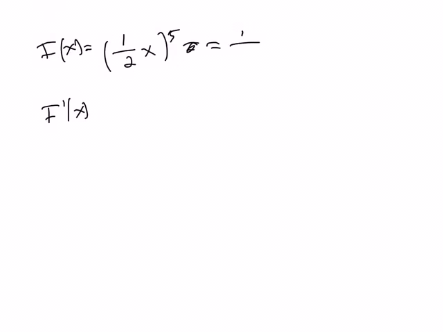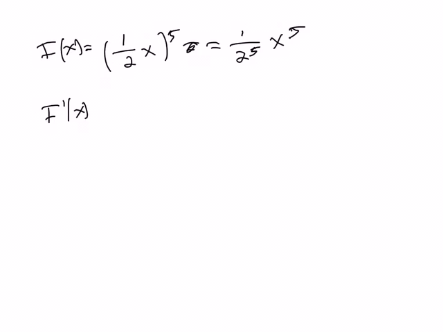That's problem 12. Problem 13, f of x is equal to a half x, is equal to 1/2 x to the 5th power. So we need to be a little careful here. F prime of x. So this is the same as 1 over 2 to the 5th power times x to the 5th power.